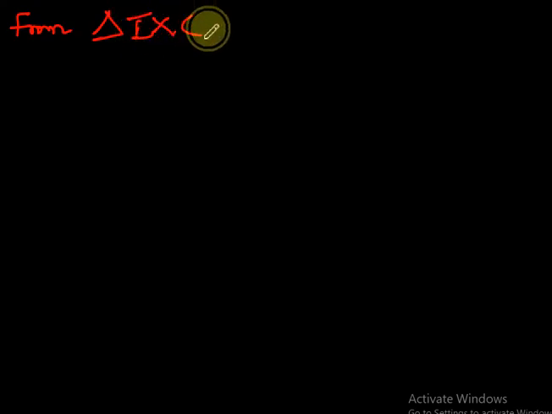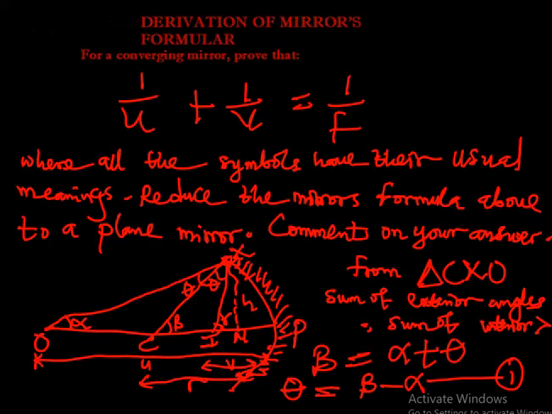Again, if you consider the triangle IXC, go back to the triangle IXC. The exterior angle there is what? Gamma.